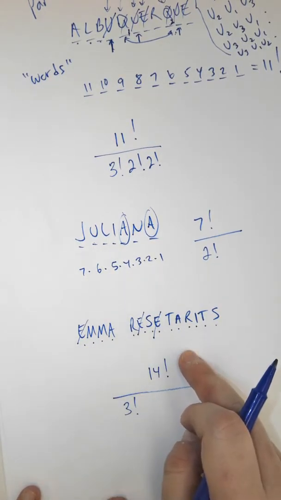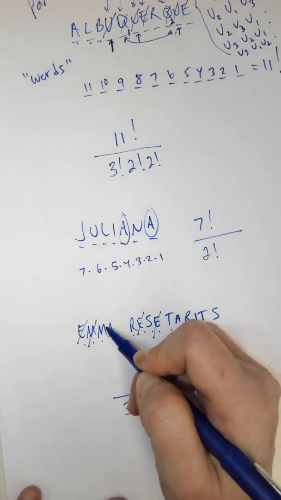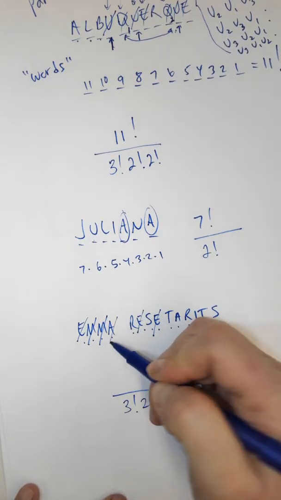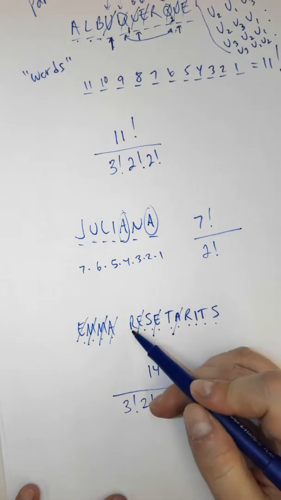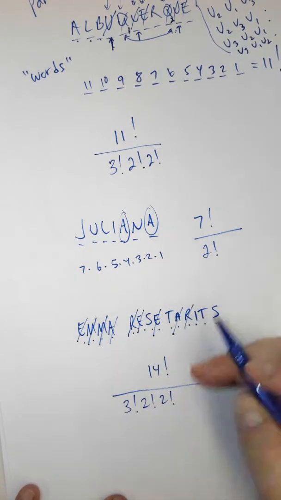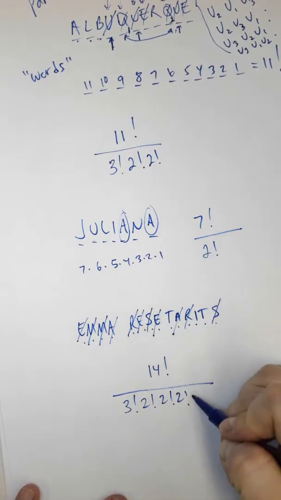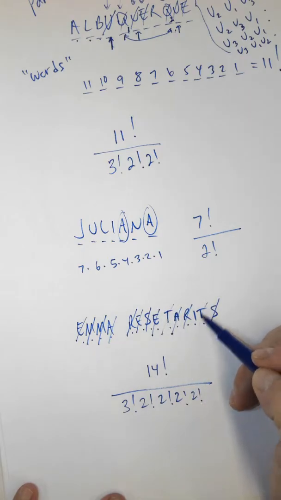Because we have 3 E's, we have 3 factorial ways of rearranging those E's. Okay, look at this. 1 M, 2 M. Let's take into account the M's. Oh my goodness. 2 A's. R, there's a double R, 2 R's. There's more S's, 1 S, 2 S. And then 1 T, 2 T.